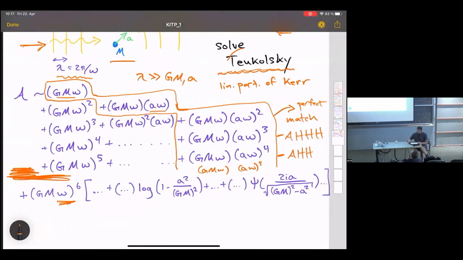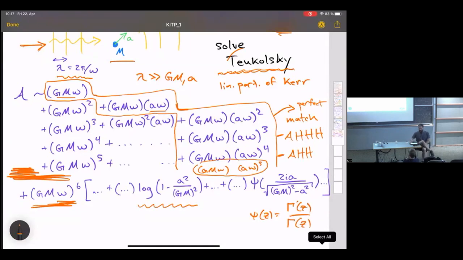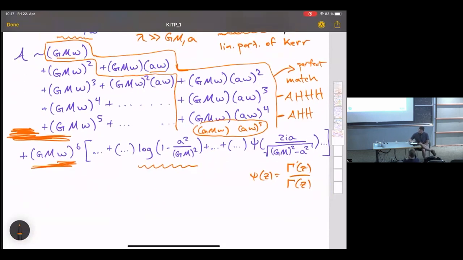Okay, suddenly, where we had hoped to pick off this guy, we run into non-polynomial things. For example, this log of something, or this digamma. So digamma of z is gamma prime of z over gamma of z.